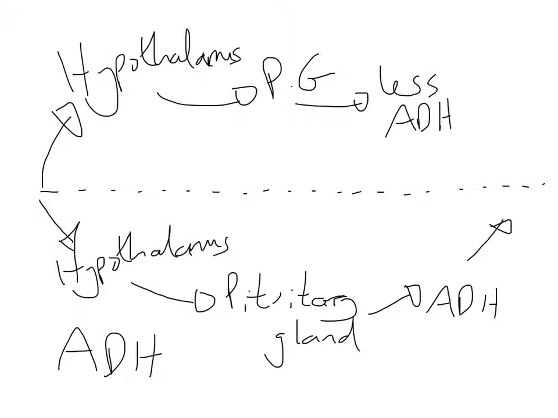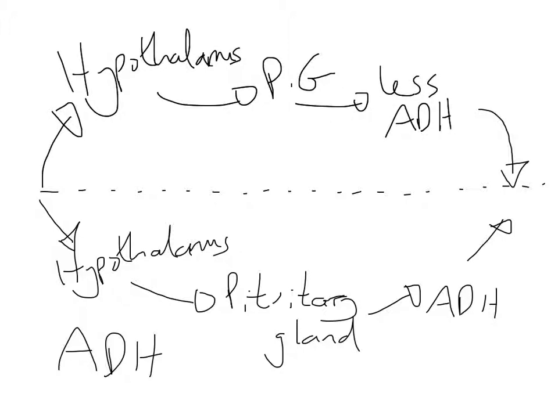If there's less ADH in the blood, the permeability of the collecting duct wall decreases. This means there is less water being moved from the collecting duct back into the blood. This is eventually going to lower the blood water content, and you would end up with a larger volume of dilute urine being produced.